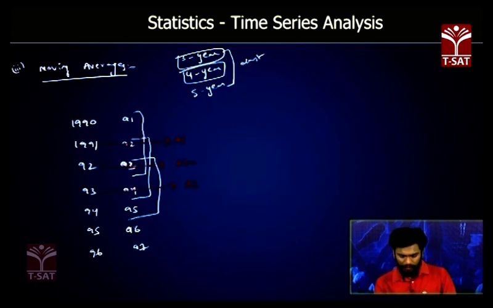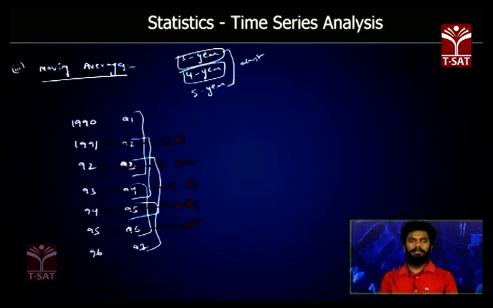In the same way, we continue for the following years, assigning the A4 and A5 values. See here, in the 3-year moving average there is no value for 1990 and no value for 1996. That is, 2 values will be reduced in the 3-year moving average. There will be a null value here and a null value here. Okay?